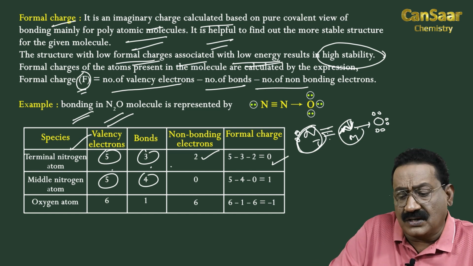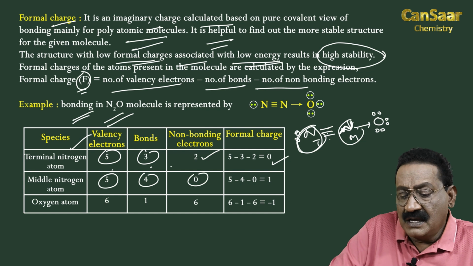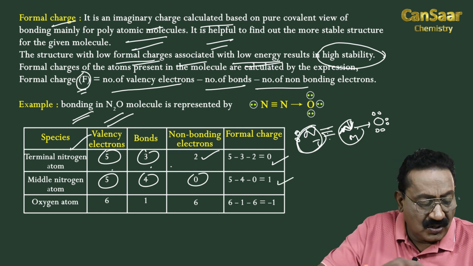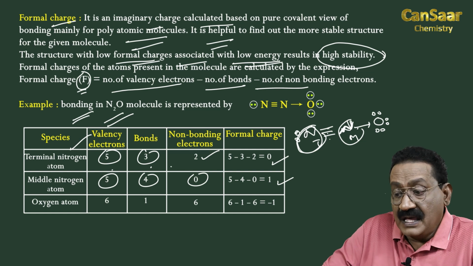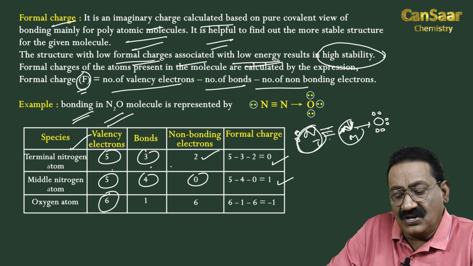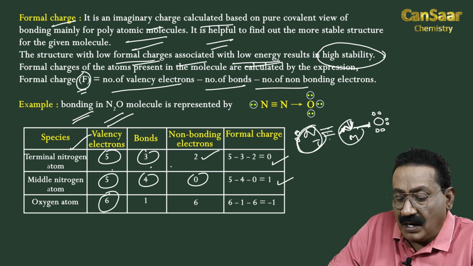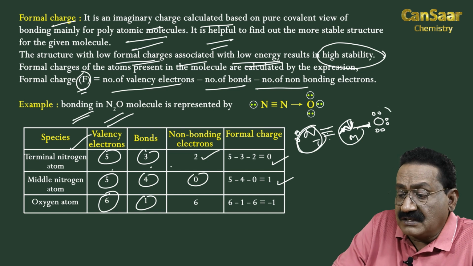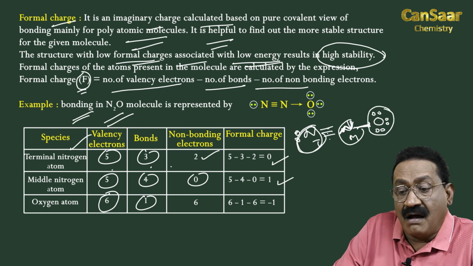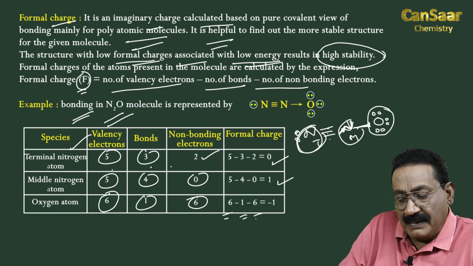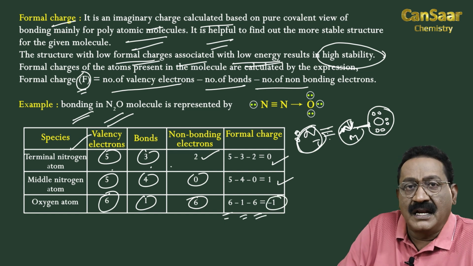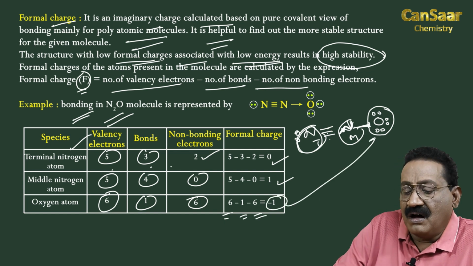So 0. Hence 5 minus 4 minus 0 equals 1. Then oxygen atom. Oxygen has 6 valence electrons, forming only 1 bond, and all the 6 valence electrons are non-bonding electrons. 6 minus 1 minus 6 equals minus 1, the formal charge of oxygen.